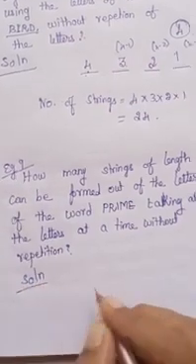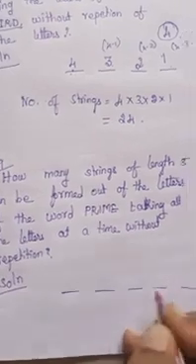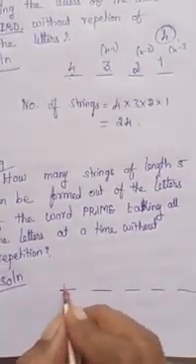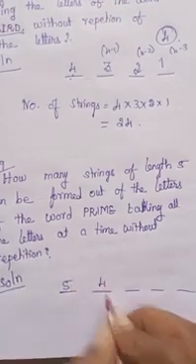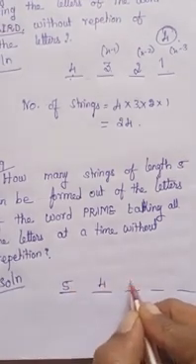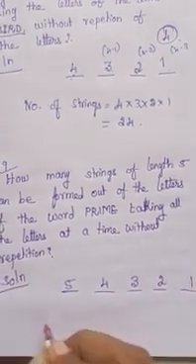So, how many? 5. So, I am giving 5. In the first place, 5 possibilities are there. Here 5 minus 1, 4. 5 minus 2, 3. Here 2, 1.